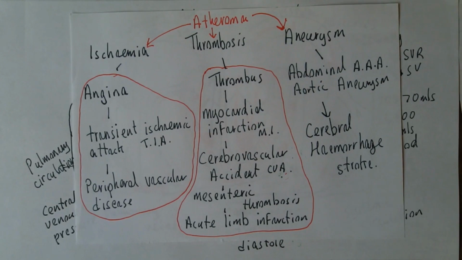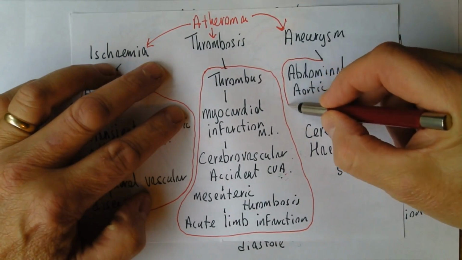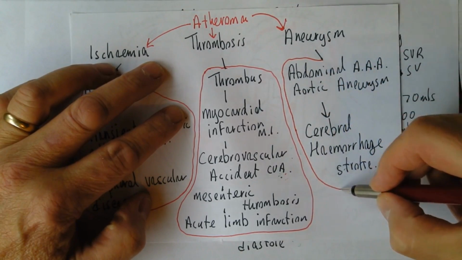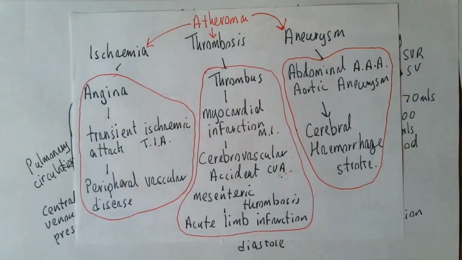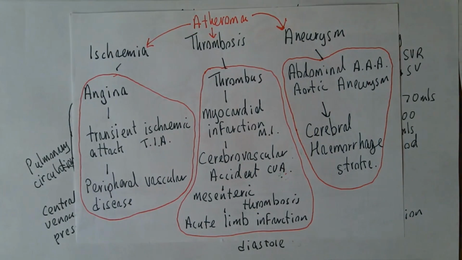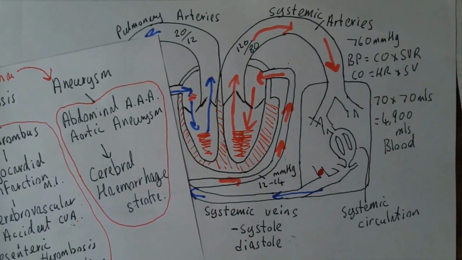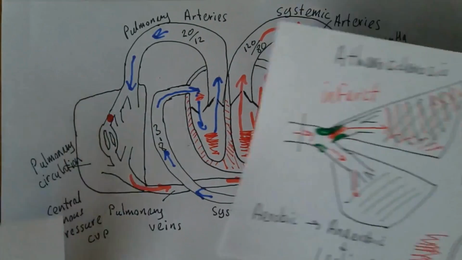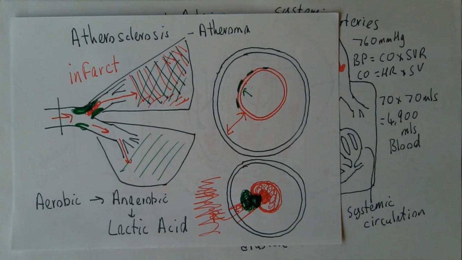So we can see that aneurysm, weakness in the wall of the blood vessel, is also a complication of atheroma, but can cause another set of pathologies. So that's just looking at two conditions affecting the systemic arteries. We've looked at hypertension, and we've also looked at the complications of atheroma.